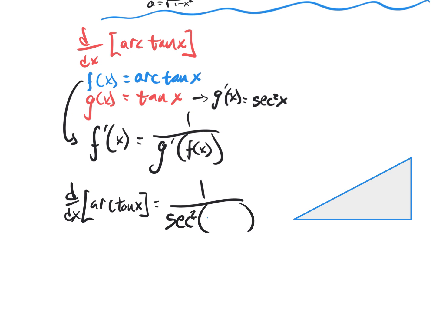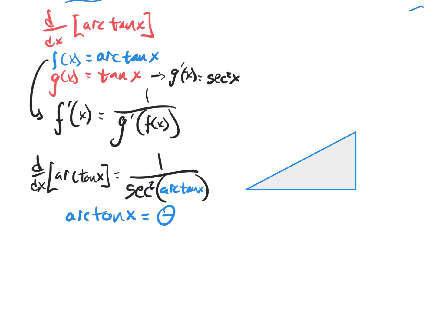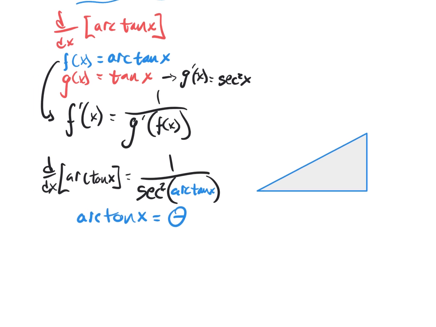It is arctan. And we're going to go to our triangle. We know that arctan finds an angle. Arctan is theta. And so what that means to us is that tangent of theta is x over 1. That means we have a triangle with a tangent of x over 1.